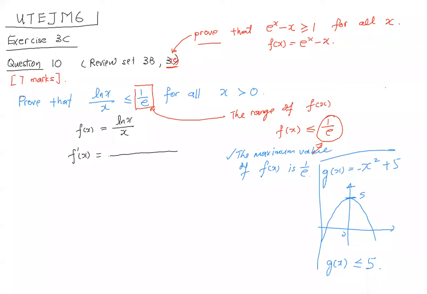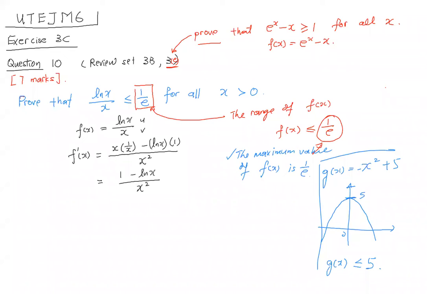So this is your U, this is your V. V, U prime, take away U, V prime, the whole thing over V squared. So I have 1 minus ln x over x squared.